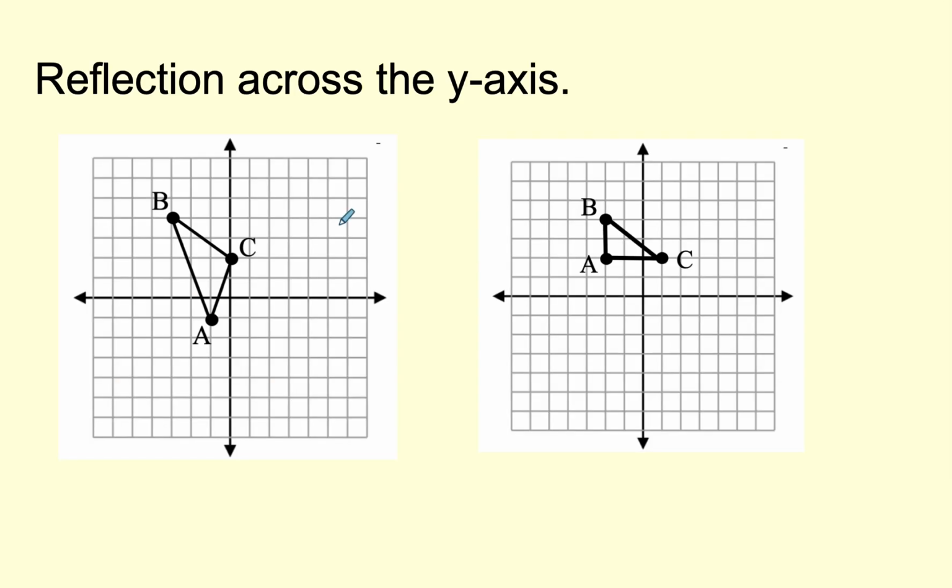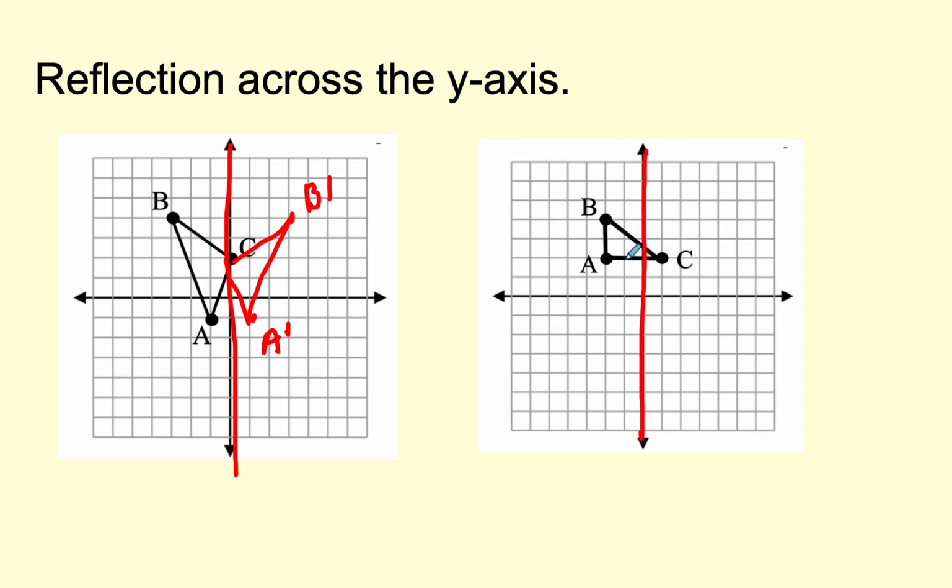Let's go ahead and reflect across the y-axis. C stays put, 3 units here, 3 units to the other side, 1 unit here, 1 unit to the other side, and here we have our triangle. Over here, here's the line of reflection.